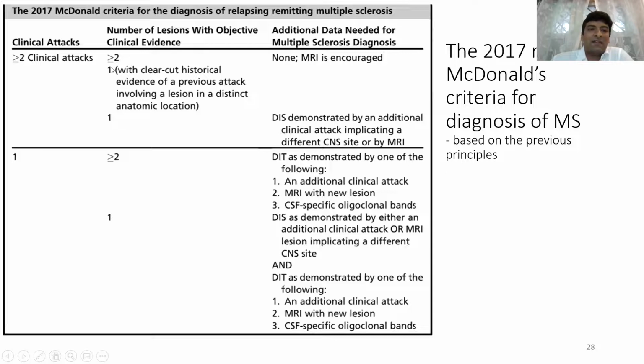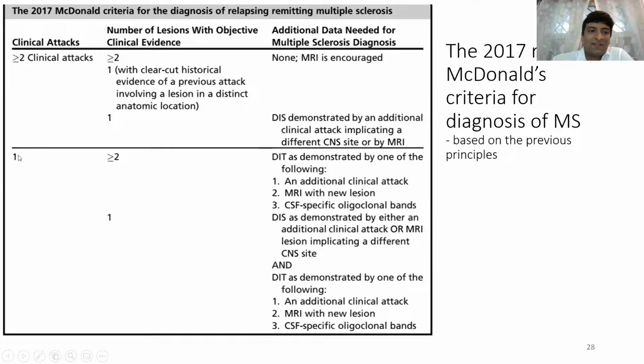However, if you have only 1 attack, but definite documented records saying that the patient had another attack a few years ago in another site, that is also sufficient proof. But if both the attacks have occurred on one site, for example, 2 attacks of right eye optic neuritis, then your dissemination in space criteria will not be fulfilled. And so you need to wait for additional evidence. So this is a scenario like the case we discussed, where you would repeat a scan after a month.